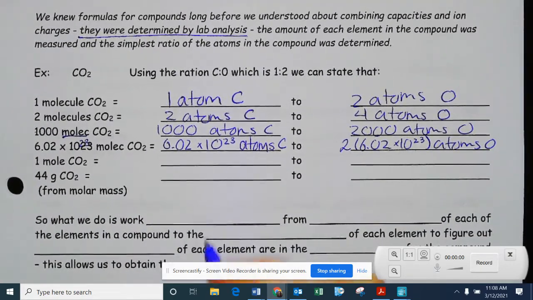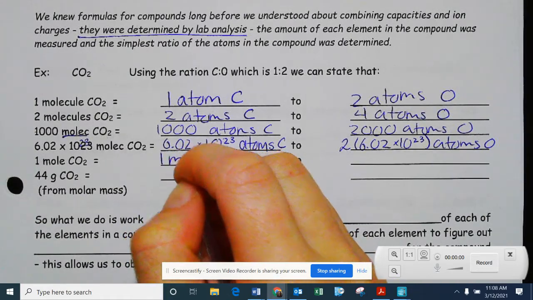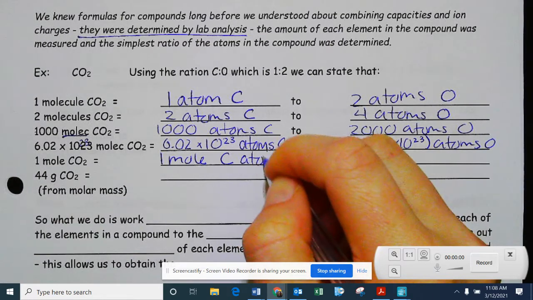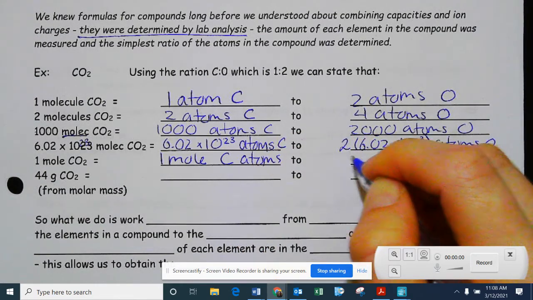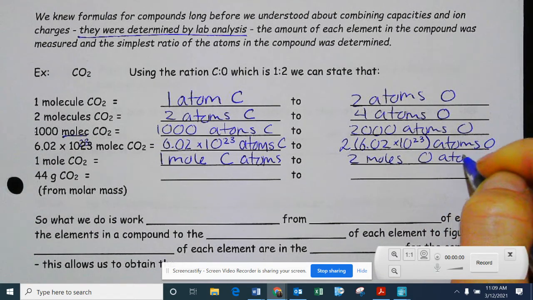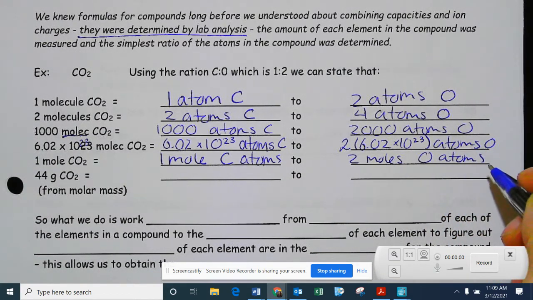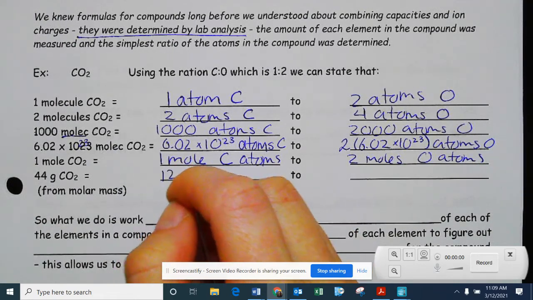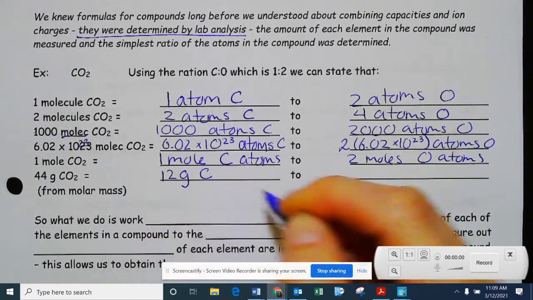In 1 mole of CO2, we could write 1 mole of carbon atoms to 2 moles of oxygen atoms. And then in 44 grams of carbon dioxide, using our molar mass, we would have 12 grams of carbon.